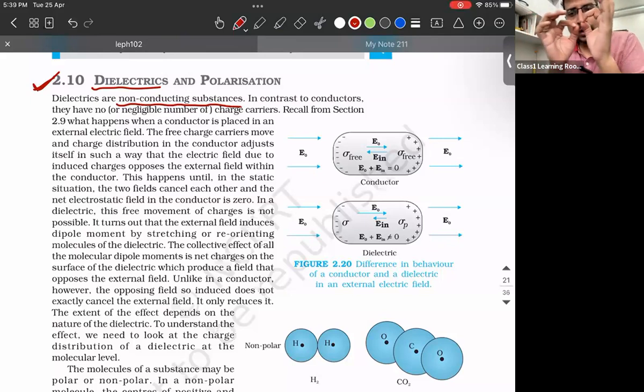If there are no doubts, everybody can leave except Pranav. Pranav alone, you can stay back. Others can leave.